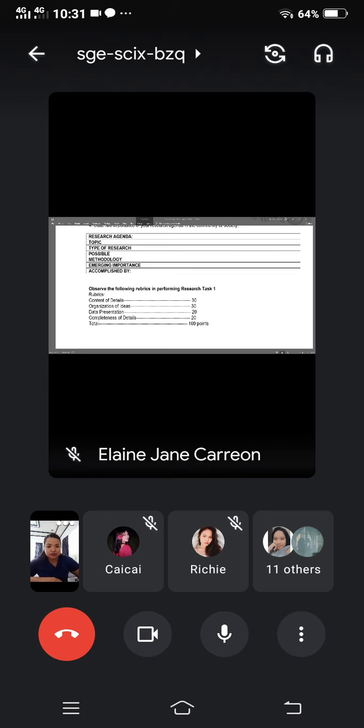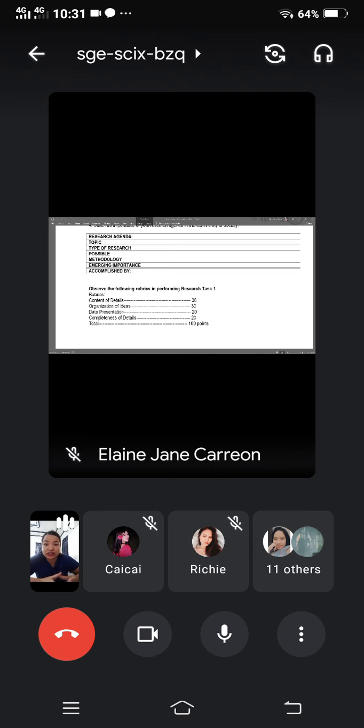GC ninyo. Okay? Sige, wag niyo muna akong i-add. Kung ayaw nyong nagtatrabaho kayo na may nakabantay, wag niyo muna akong i-add. Kayo na muna. And then pagka okay na yung inyong work or yung research, mag-Google Meet na lang tayo.